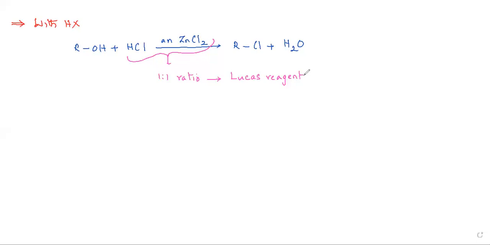A very important reagent used for the distinction of primary, secondary, and tertiary alcohols. Okay. Name of this method is Groove's process. Again, a very important one.